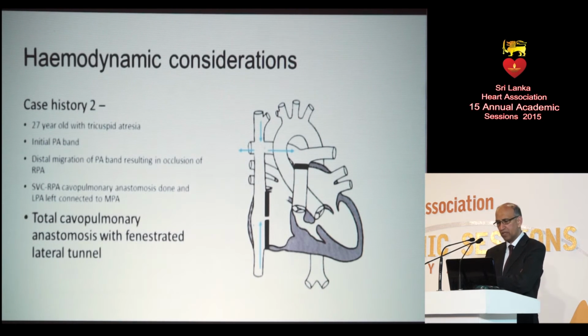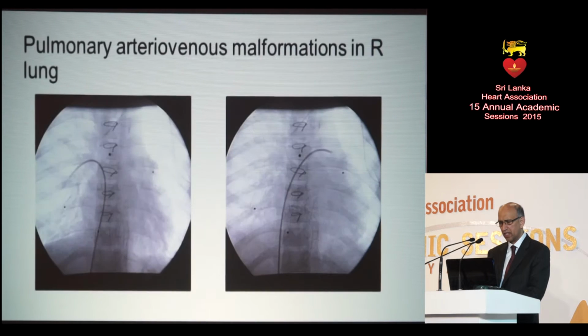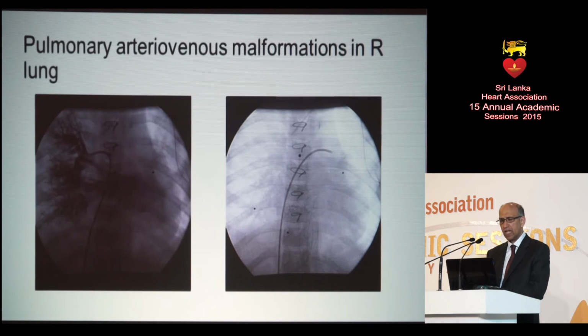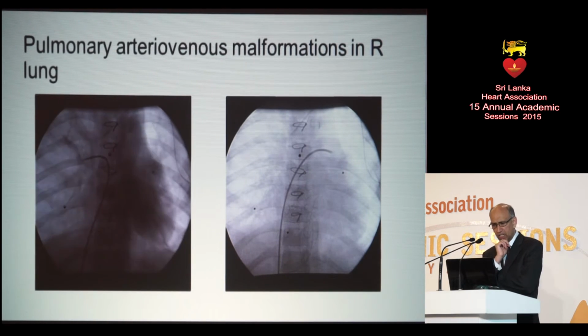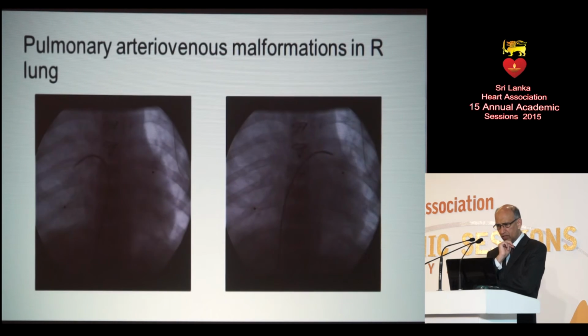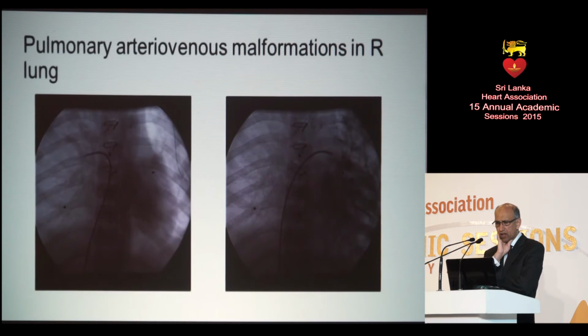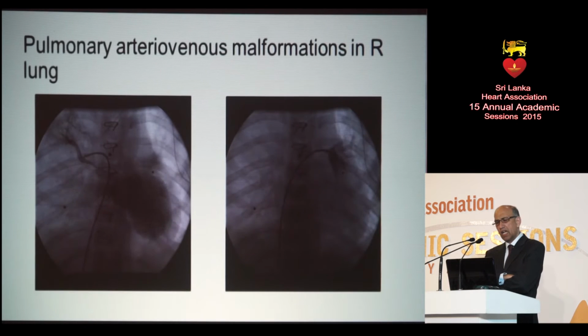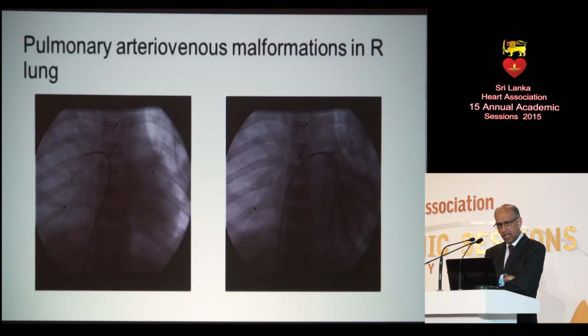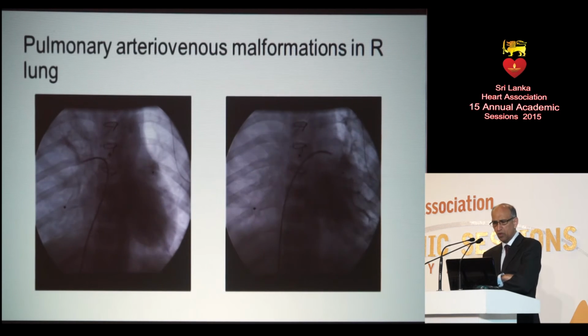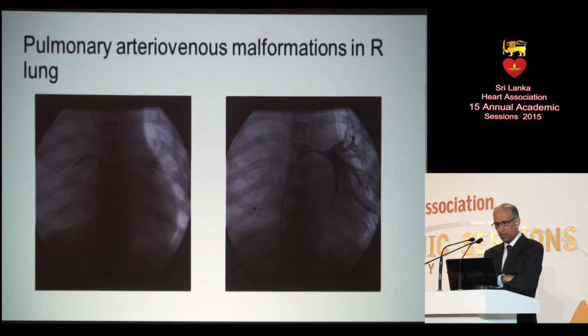It is also customary to leave a small hole or a fenestration in the lateral tunnel, and we will look at how that works. Now, I'm showing these pictures here to show another complication that the single ventricle patients have. If you look carefully at these two injections on the right and the left side, the injection in the right side shows a mottled, hazy appearance as soon as the contrast goes in, followed by immediate flow of blood into the pulmonary veins.